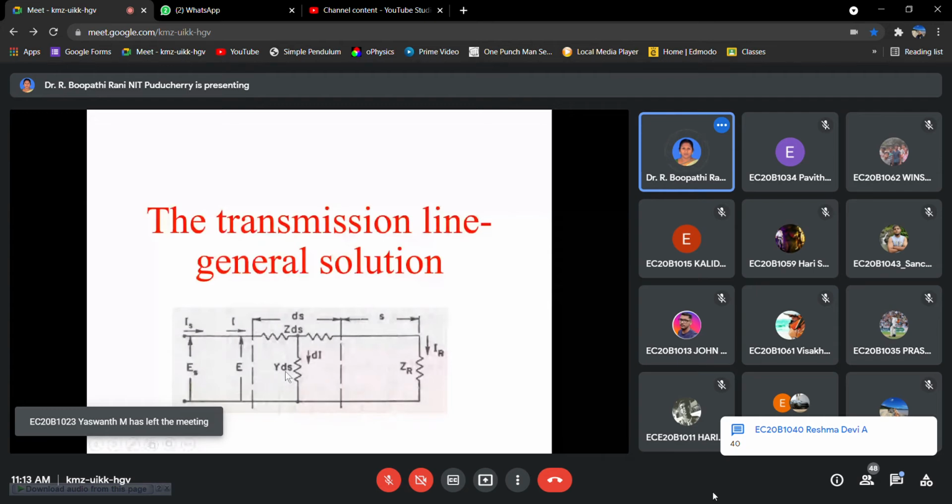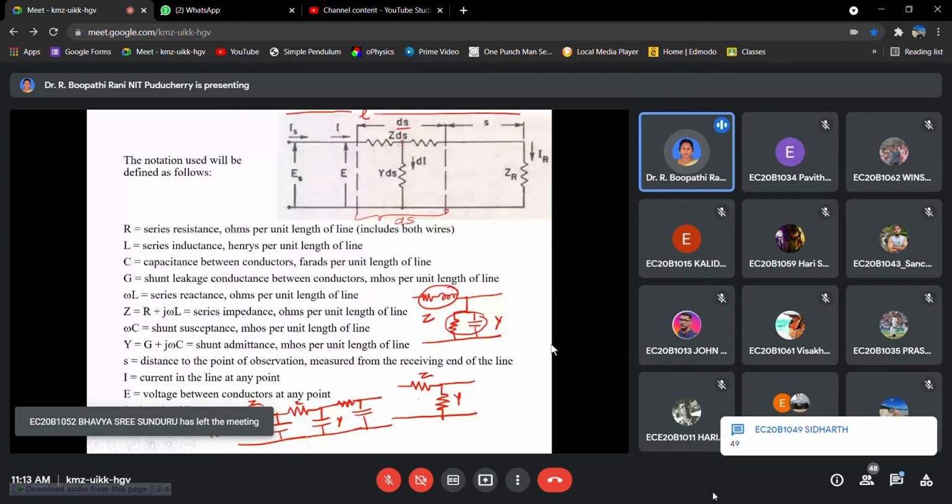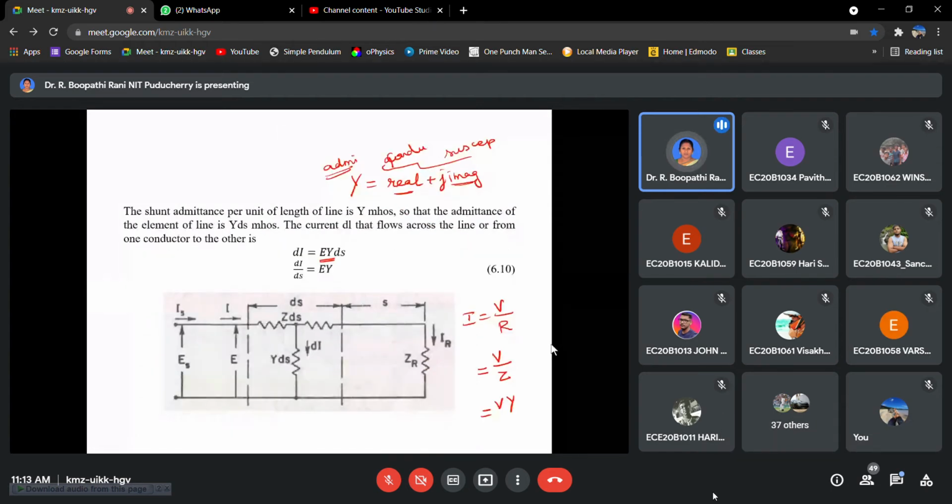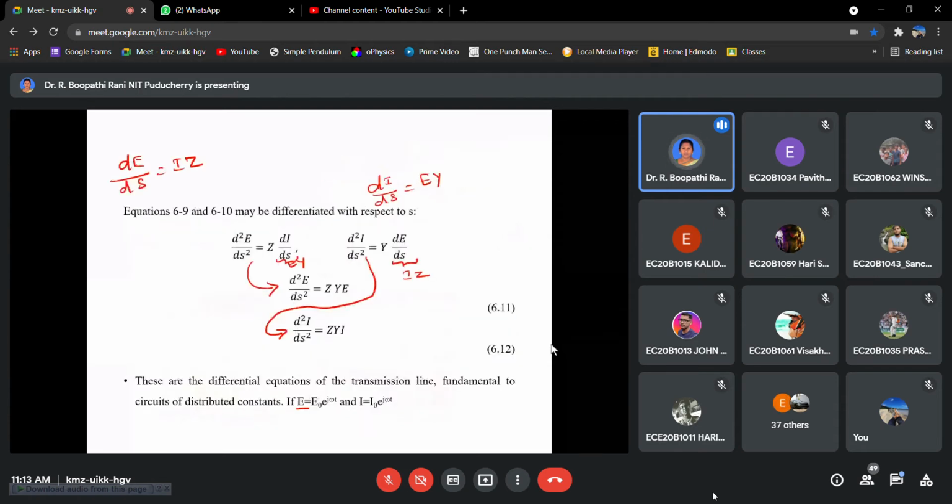So with that we started, and we have written the equations for DE and DI for the elemental section, and those differential equations we have solved.